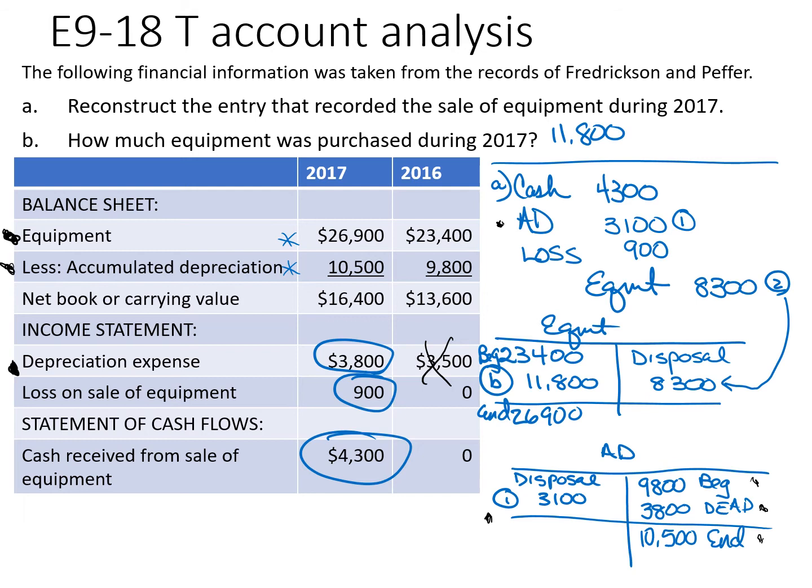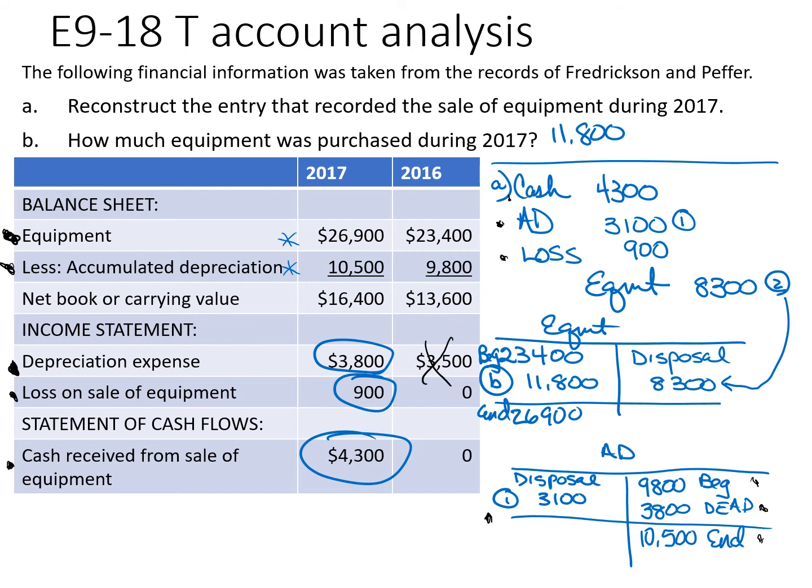The other pieces that were given is there was a loss on the sale of the equipment of 900. And we also see that the cash received, or the sales price of that piece of equipment, was 4,300. So we know what the three debits are for cash, accumulated depreciation, and loss. So we can deduce that the credit to equipment, or the cost of the equipment we disposed of, was 8,300.